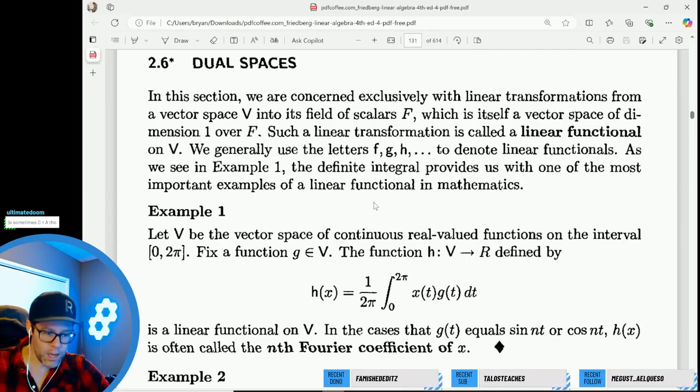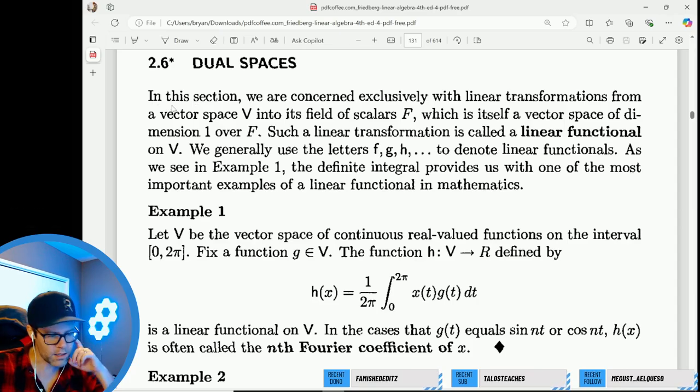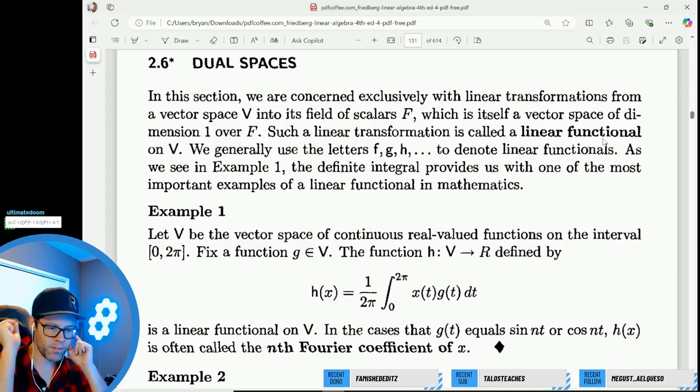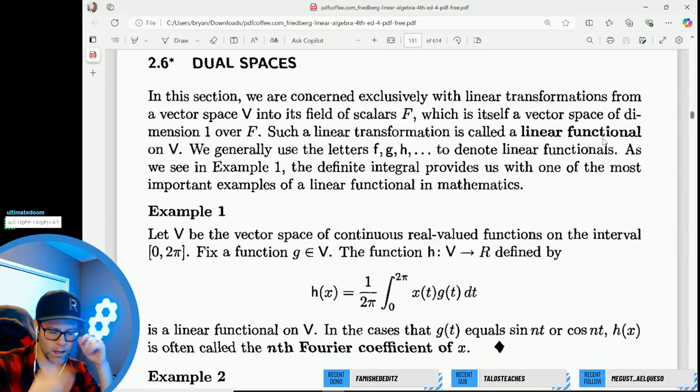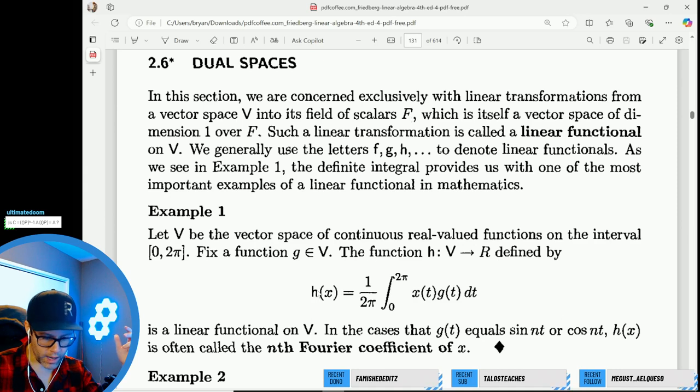The idea, I think, with dual spaces is taking a look at how we talk about linear functionals on a vector space. So let's get the specs that we want here. We're concerned exclusively with linear transformations from a vector space into its field of scalars. So we're specifically looking at what we call linear functionals that start with a vector and push that vector into the field that we're working with, into F. So for example, they give some examples here, right?